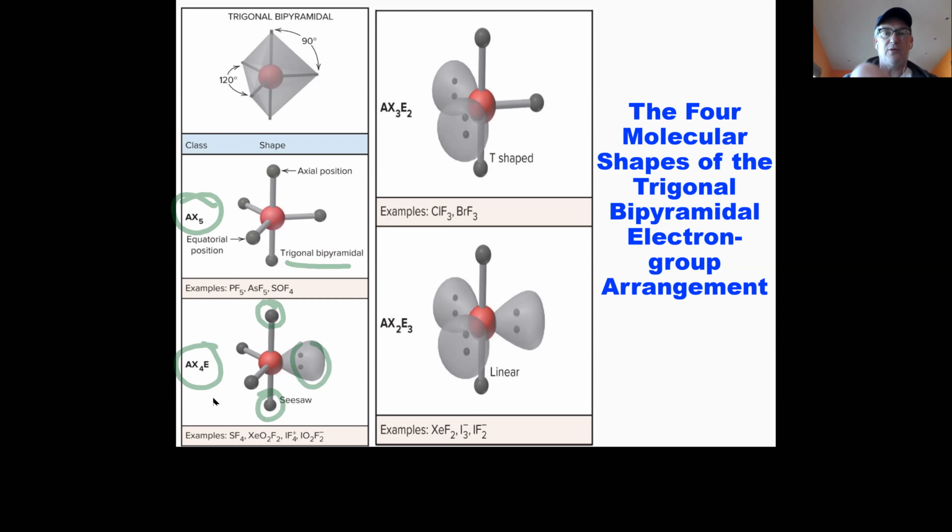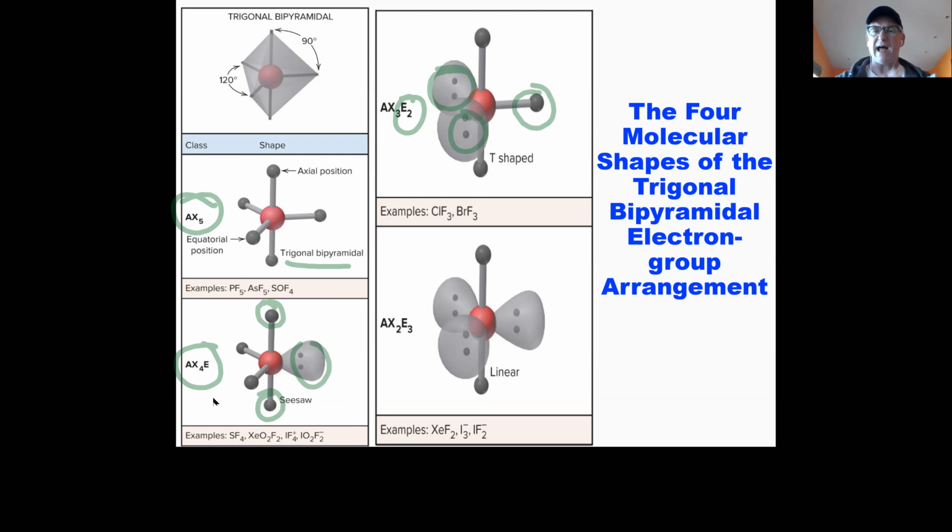Then if we have 2 lone pairs, remember that the lone pairs go into the equatorial positions. The equatorial positions are around the outside, not the up and down axial positions.